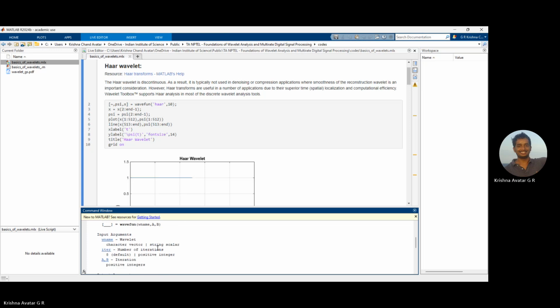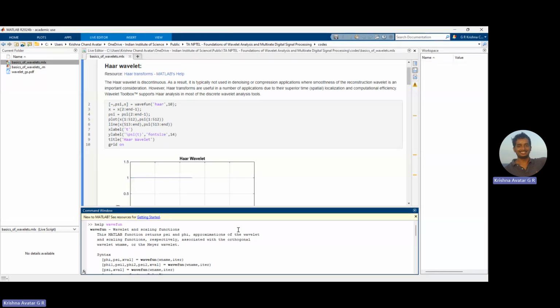So you give the name of the wavelet, and the second argument we need to give is iter, the number of iterations, and then we can get phi, psi, and x as well.